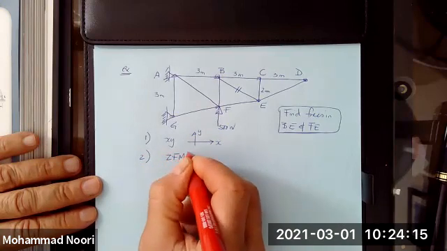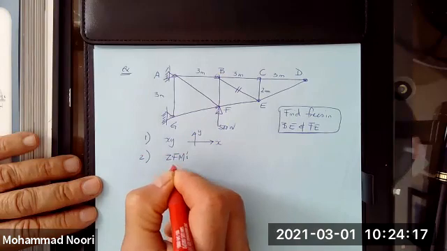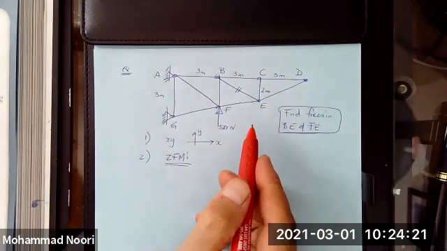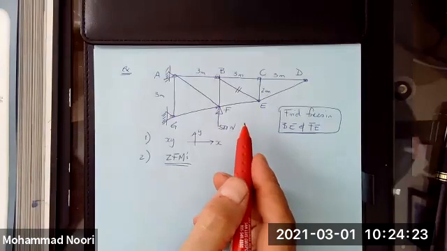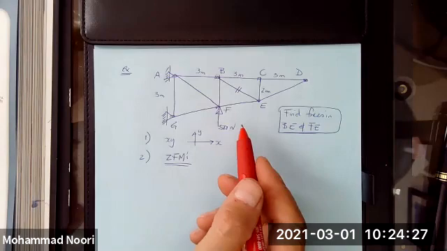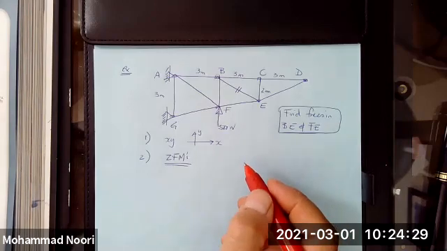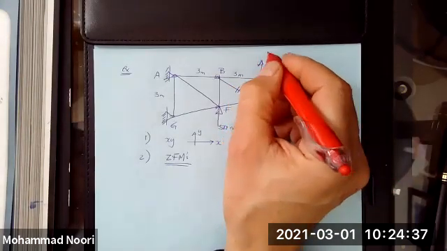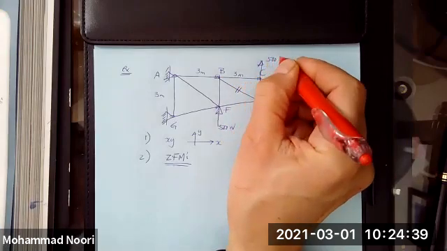Zero force members. Okay. Do you see any zero force members in this truss? Let's pause a little bit. Anybody? Point C. Oh, sorry. I'm glad you said that because I forgot that I had actually load here.